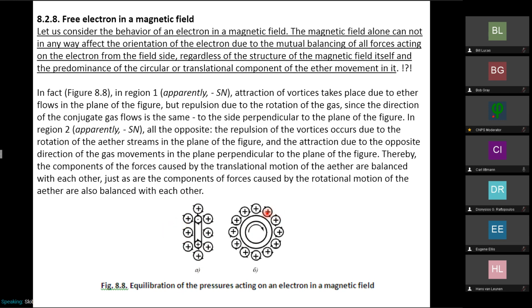Magnetic field is presented here by these flows that go into this screen and around those points. The flows of electrons in ring direction are shown here, and in the toroidal or meridional direction is shown here.